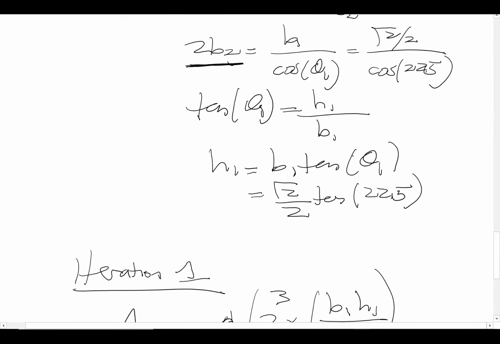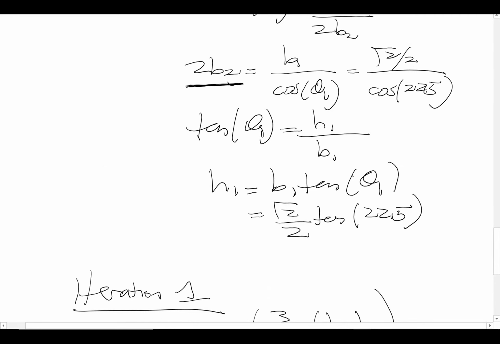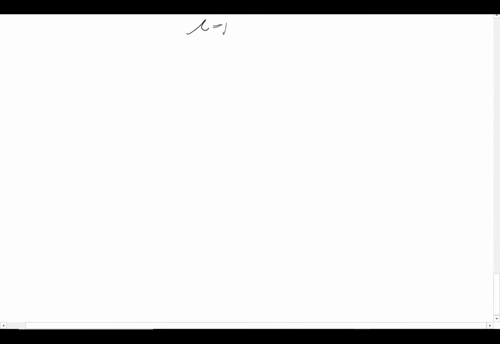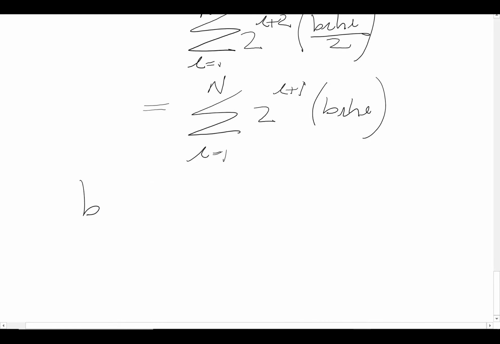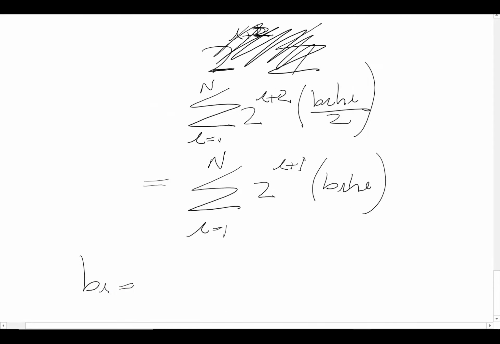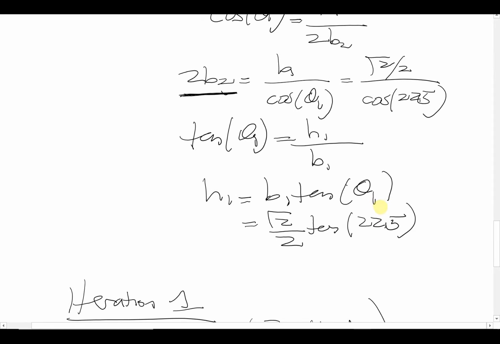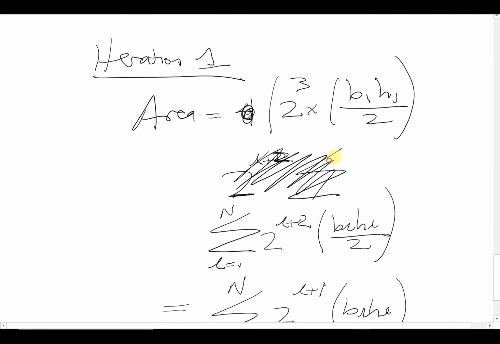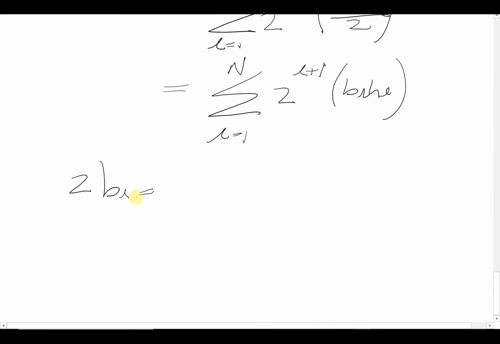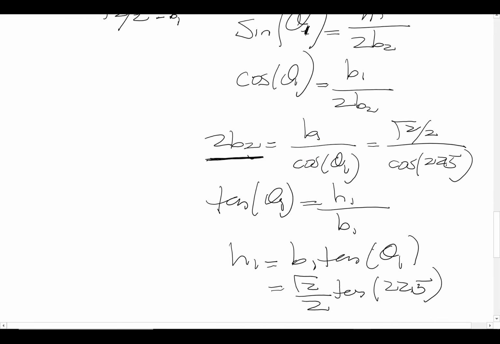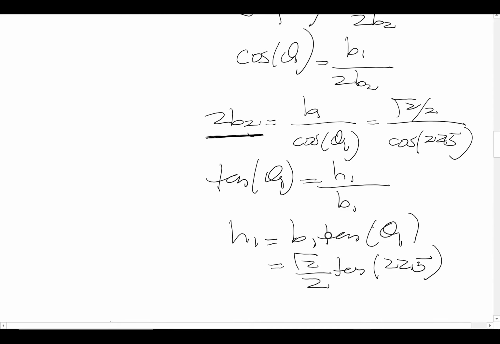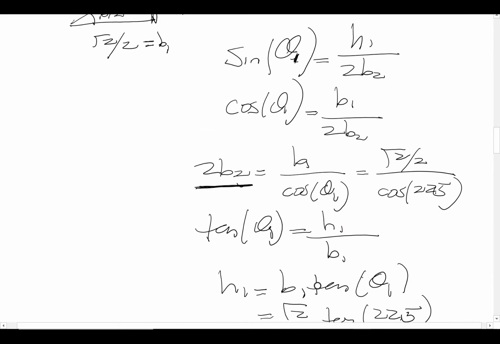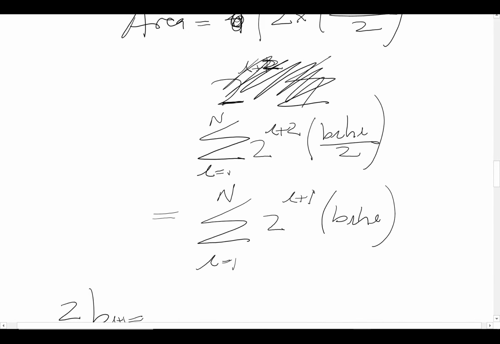And if we're looking at these relations, we have hi is bi tan theta i. So we're given bi, we'll start with bi. So we have 2 bi plus 1. And looking at this, we have bi plus 1 is bi over cosine theta i.